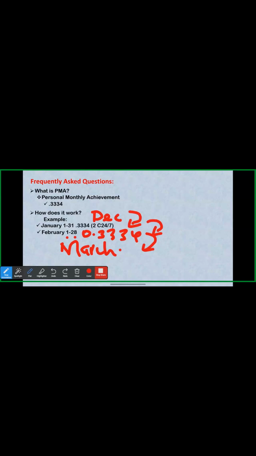February ukuje ununue 2C24/7s, then you are considered to have done PMA for the month of March. March you buy 2C24/7s, you have done PMA for the month of April. Basically right now we are in September. You buy 2C24/7s during the month of September, you are considered to have done PMA for the month of October.